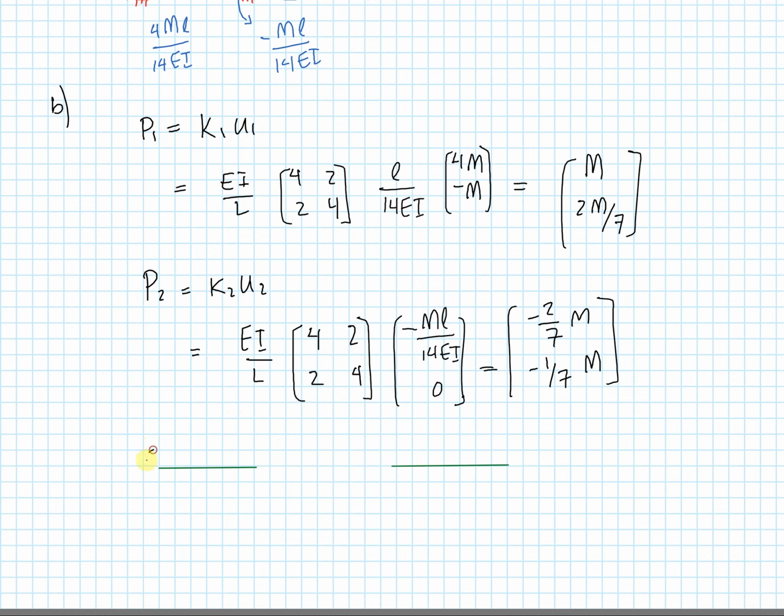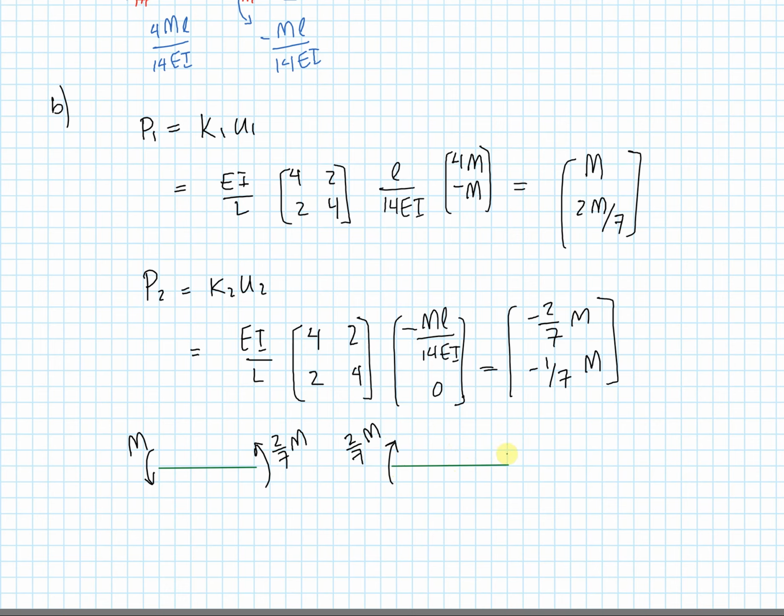So I got an M here from over here, and then I got a 2 over 7m. The adjacent location will be in the inverse direction, so 2 over 7m, that's clockwise.